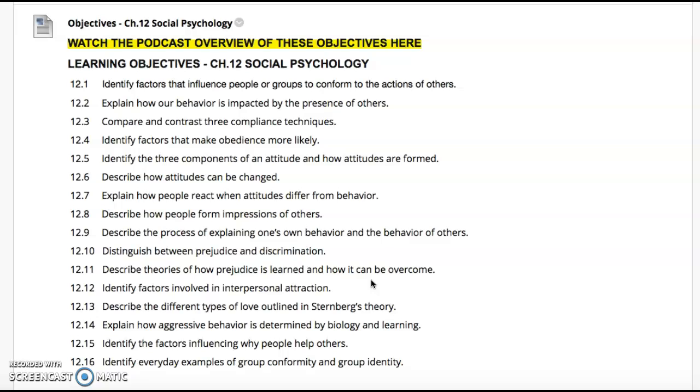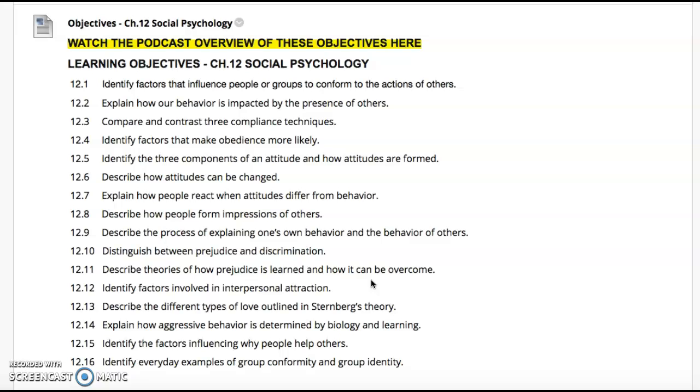Our attraction to others, not just intimate others, but friendships, and what makes us more likely to become friends with someone than another person. And what are the different types of love as outlined by Sternberg? He has a sort of a multi-pronged theory of the different types of love that exist and what those mean in each category.